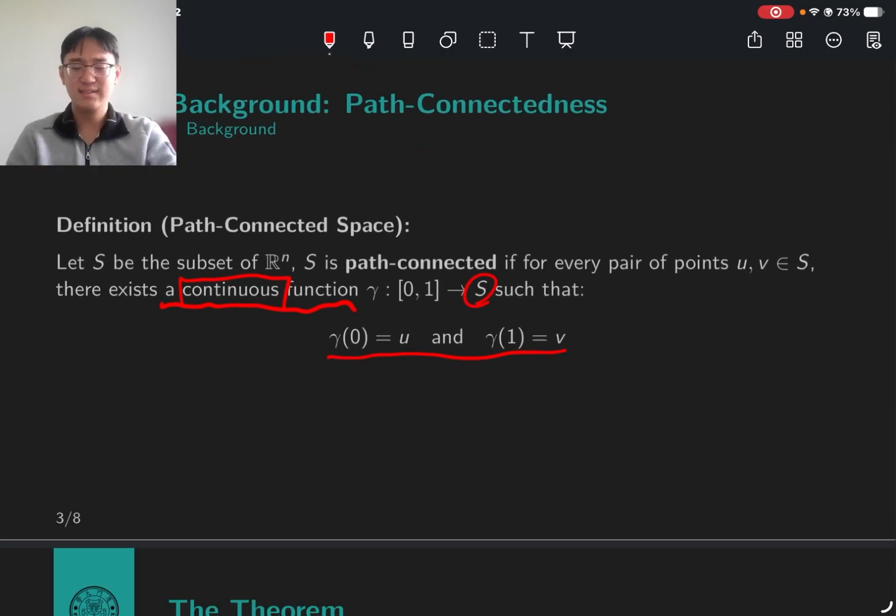And what is not path connected? For example, we have a triangle here and a circle here, but the intersection points are removed, so the intersection is the empty set.